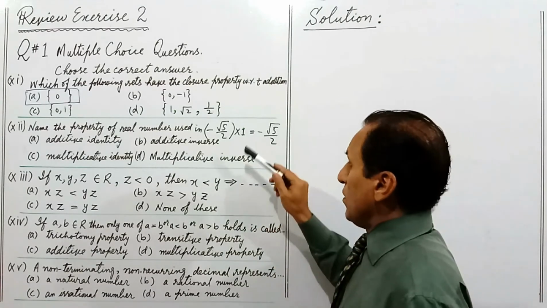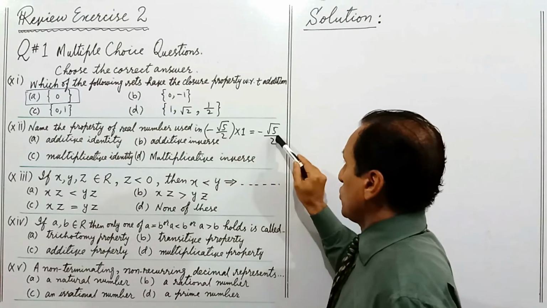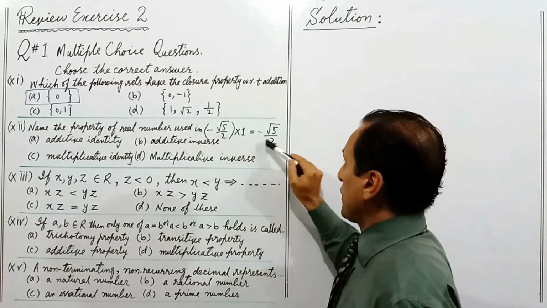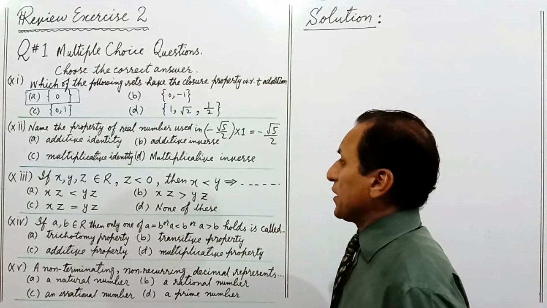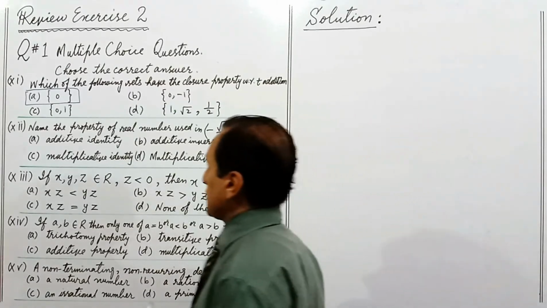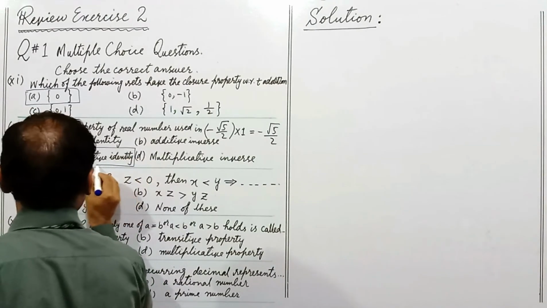So we observe that when the number 1 is multiplied to any number, we get the same number. So hence that is the multiplicative identity, and the right answer is multiplicative identity.